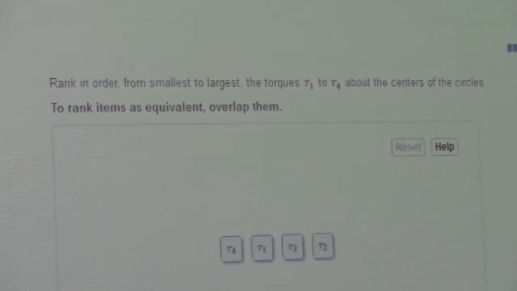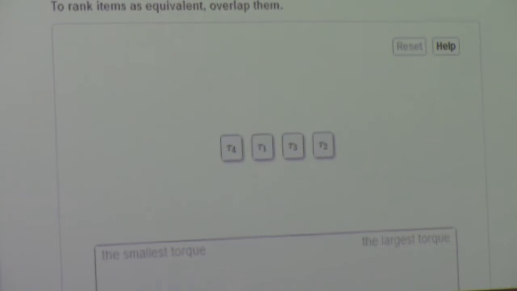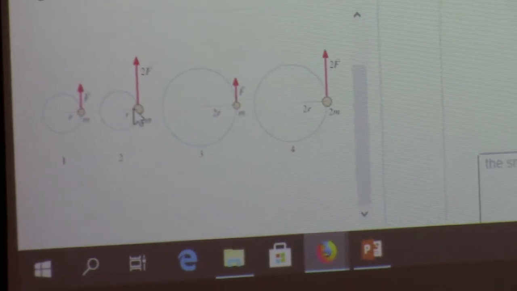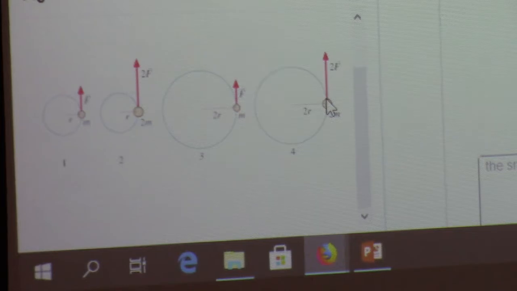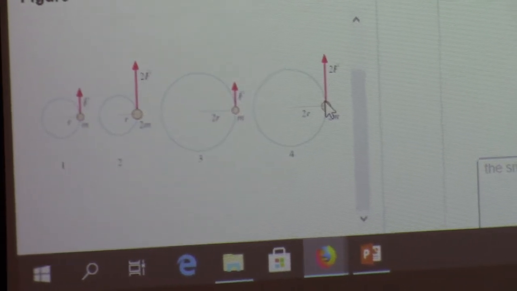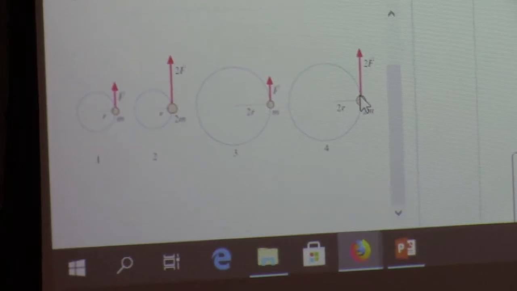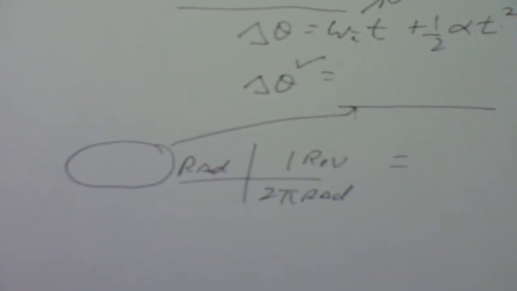Okay, so the first one you see is some force F over here at a distance r. This is 2F at a distance r, just F at 2r, 2F at 2r. Remember what torque is in general, and I'll draw this picture on a piece of paper just a second.